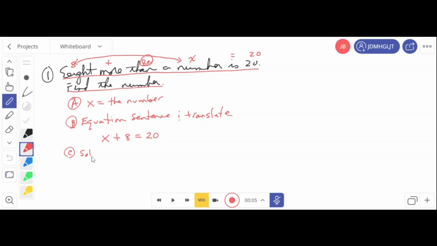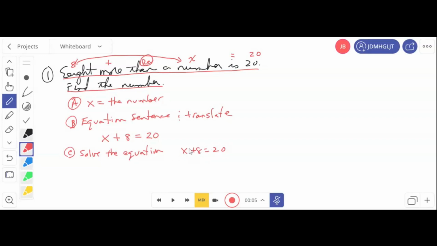Next, we solve the equation. So our equation is x plus 8 equals 20. According to our steps, step 1 is to get rid of parentheses. There aren't any. Step 2 is to combine like terms. There aren't any to combine.